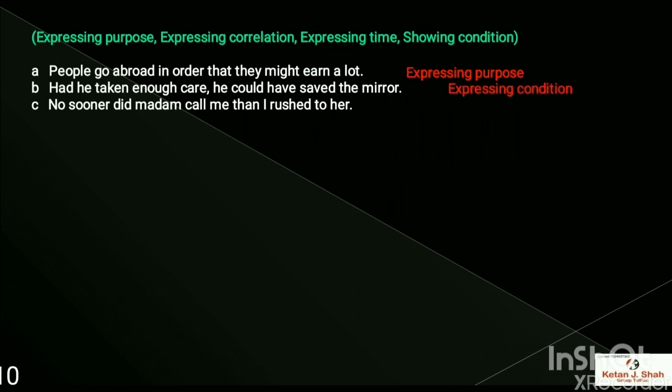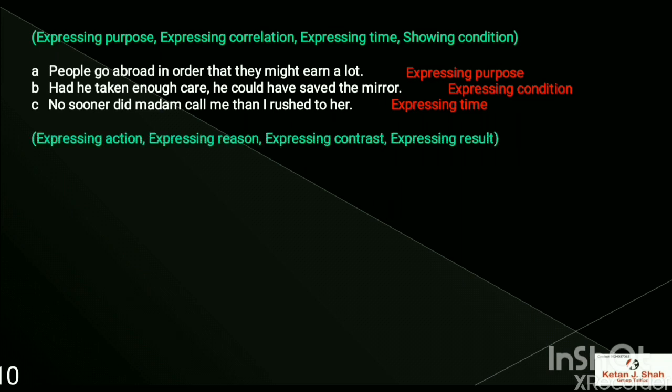In the second sentence, there is a condition, that if he had done that, he could have got that result. And in the third, there is expressing time, as it is a time when the madam called her and then she rushed to her.